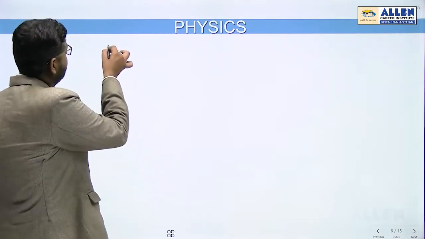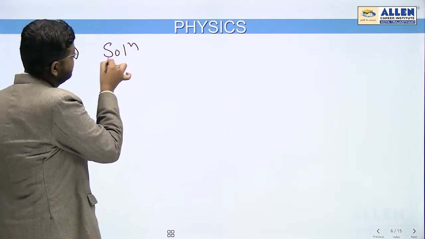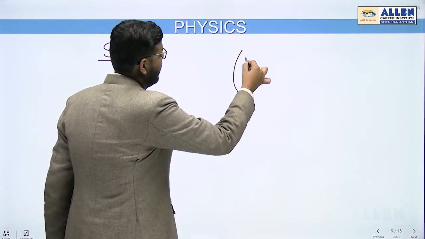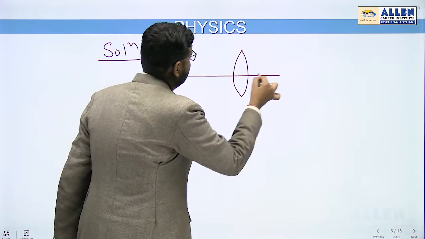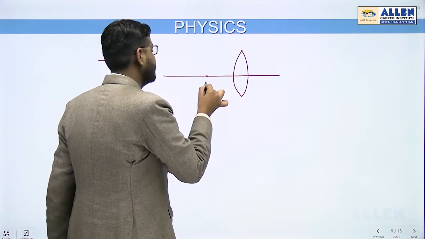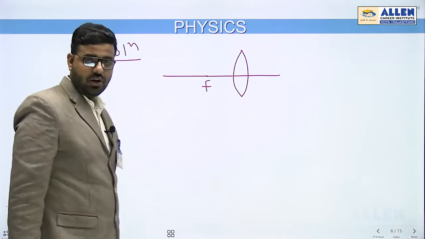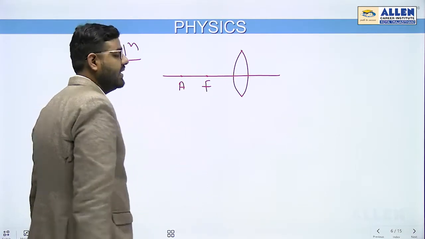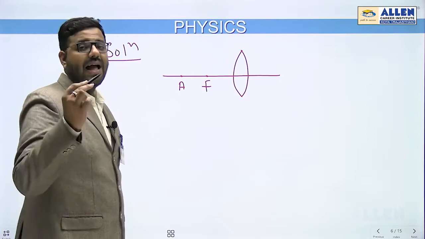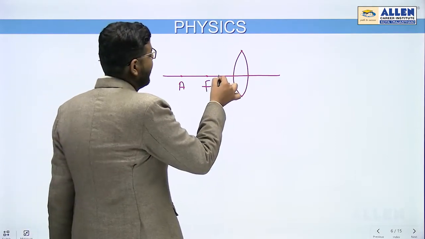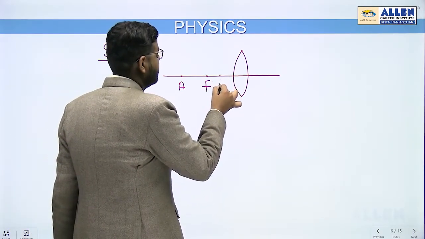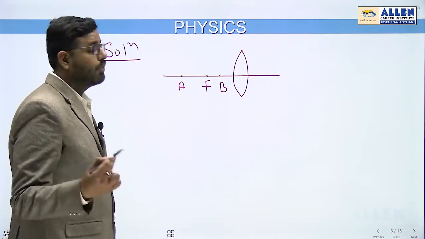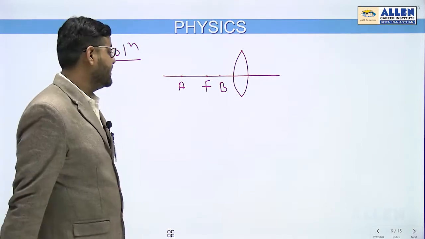So let us first draw the diagram for this so we can easily find the relation. So here we have given a convex lens and suppose this is the point F in front of it. When the object is placed at point A, a real and inverted image is formed which is magnified, and when an object is placed at point B, a virtual image is formed.